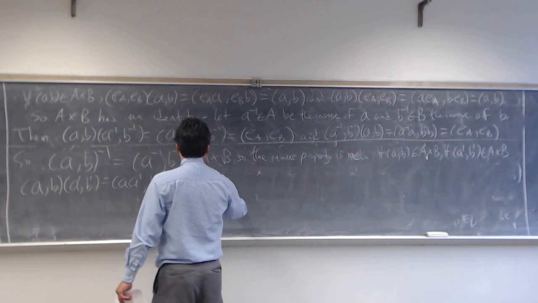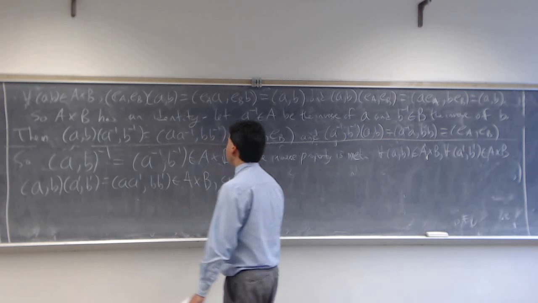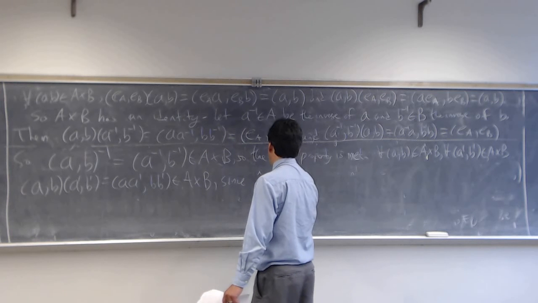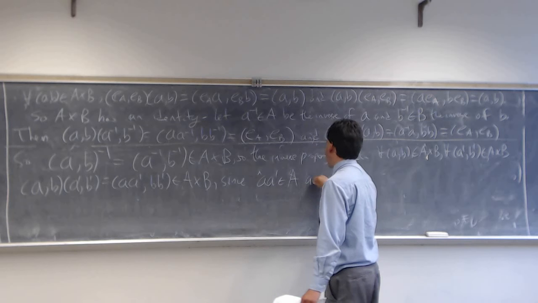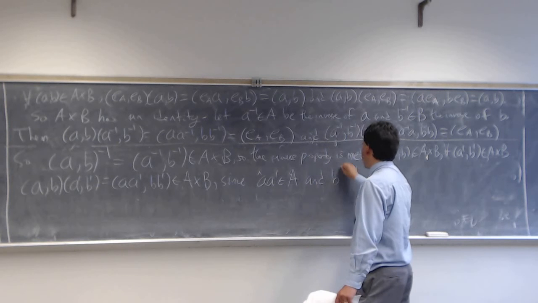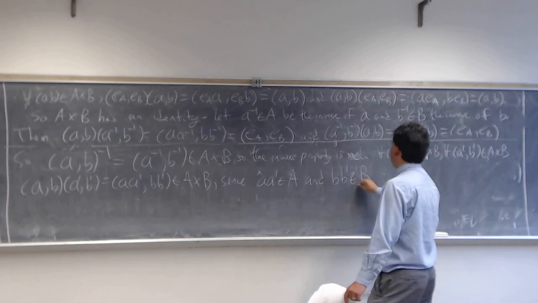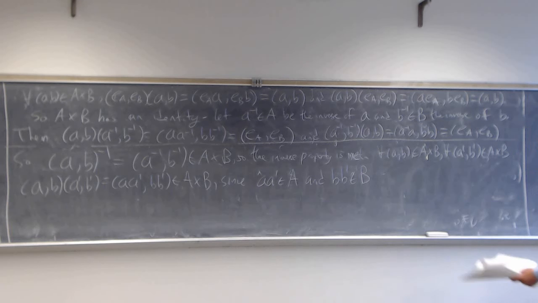But that's in A cross B since A and B are closed, so a and a prime are in A, so their product must be in A, since A is a group. And b and b prime are in B, so their product must also be in B, since it's a group.